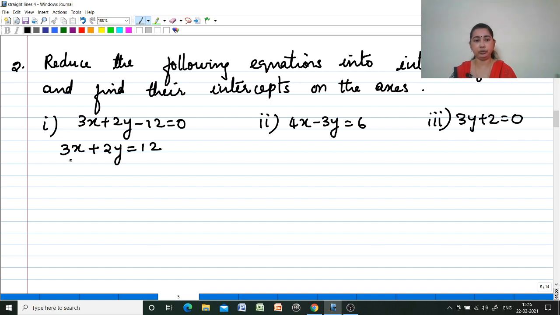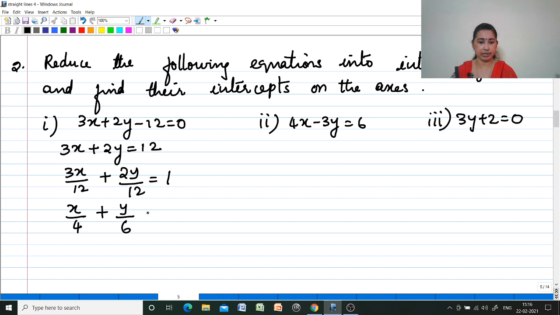Now divide throughout by 12, we get 3x/12 + 2y/12 = 1, or x/4 + y/6 = 1. So the x-intercept a is equal to 4 and the y-intercept b is equal to 6.